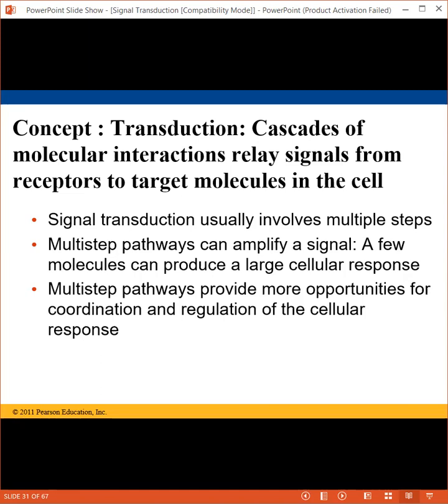So if one molecule is generated, from that one molecule, 100 molecules can be generated and activated, and from those 100 molecules, 10,000 molecules can be activated. So it's a huge number actually. And this kind of multi-step pathway provides more opportunities for the coordination and regulation of different cellular activities.